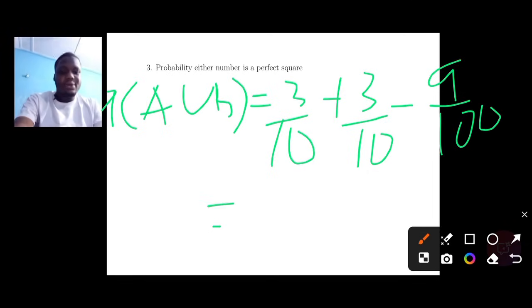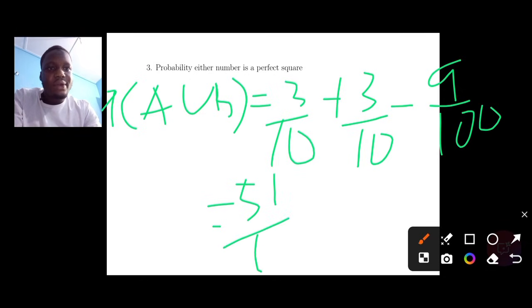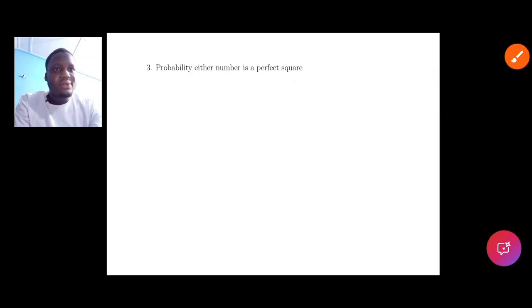Let me do that on my calculator and see what I will obtain. 3/10 plus 3/10 minus 9/100. So when you do it well, you should get 51/100. Okay, so this is the correct answer to the question. Let's move on to the next question.